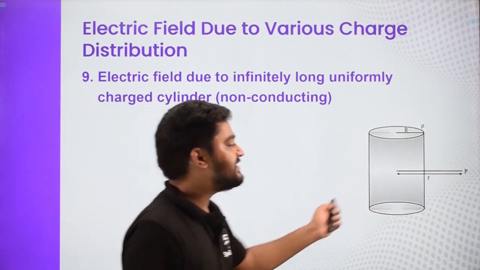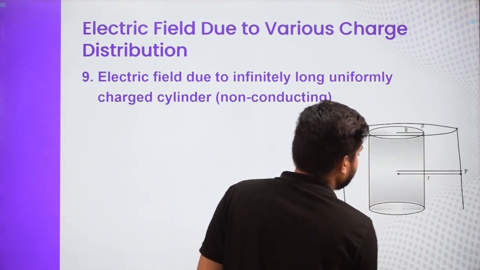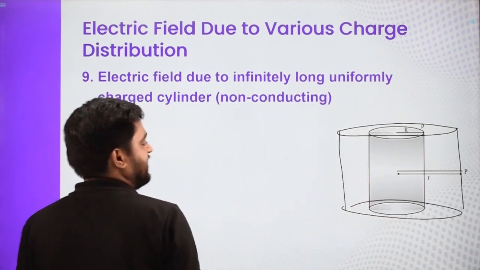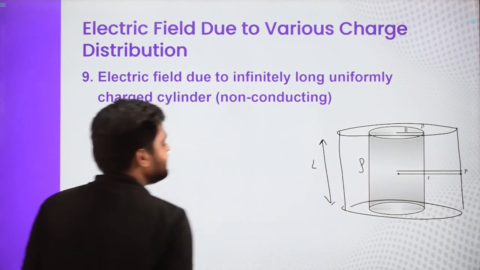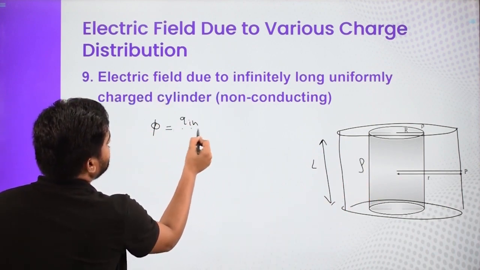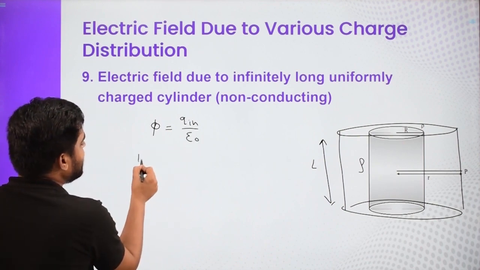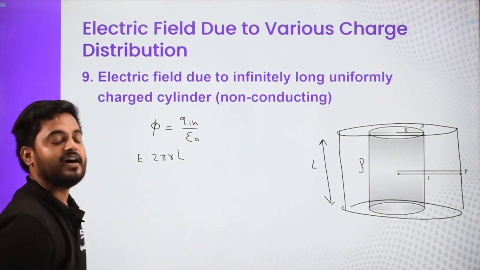Then the point which is outside. Again I am going to do the same thing. Assume this Gaussian surface and write the same thing. So length is L. The volume charge density is rho. So I will write flux is equal to Q in by epsilon naught. So flux is nothing but E into 2 pi r L. That is the area, right?